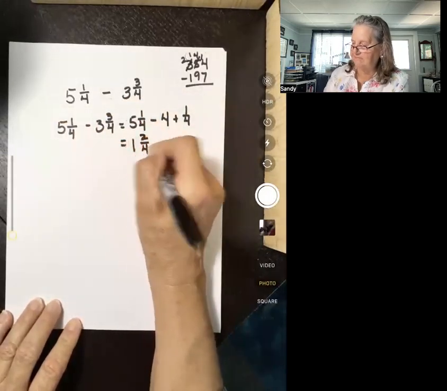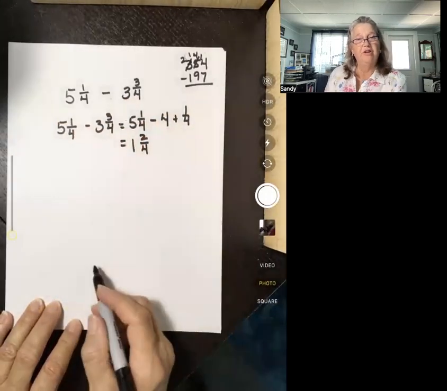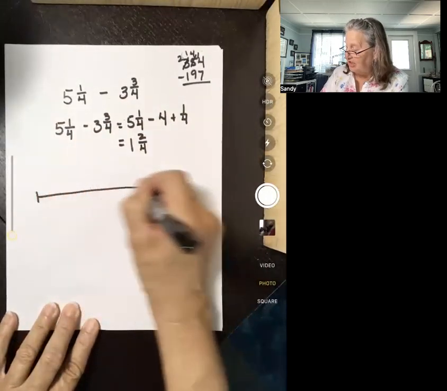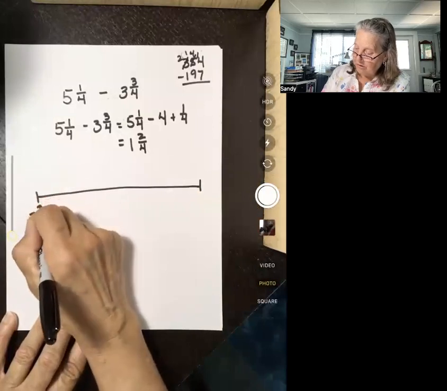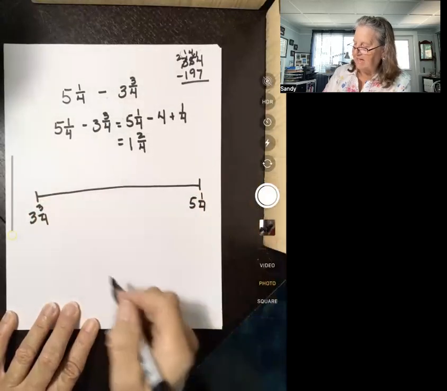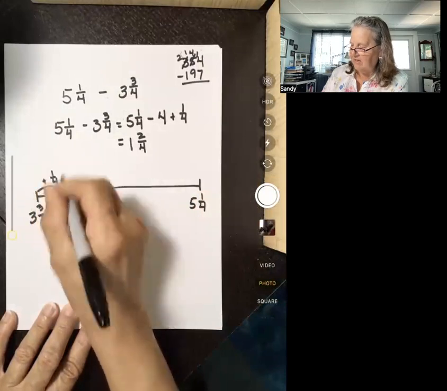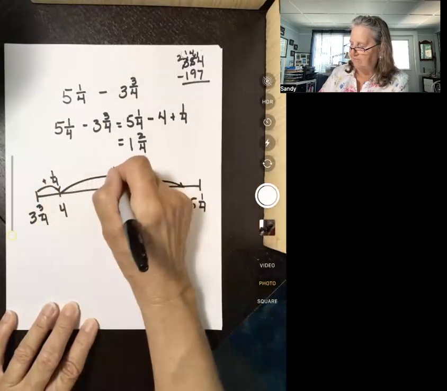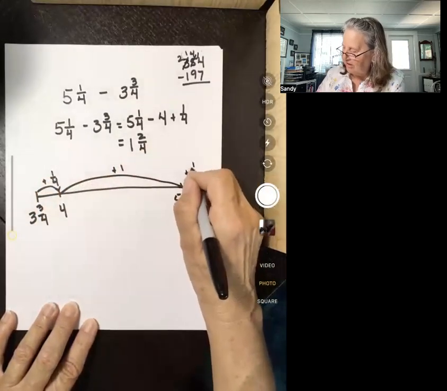Round and adjust. I could decompose a whole into 4, so remove some of those 4s. I can use this counting up. I could start with 3 3/4. I know I want to get to 5 1/4. I can do a jump of a 4th to get me to 4. I can do a jump of 1 whole to get me to 5 and another jump of 1/4.